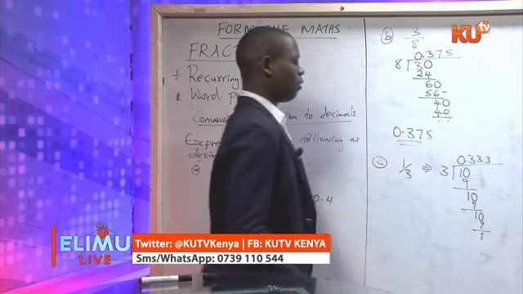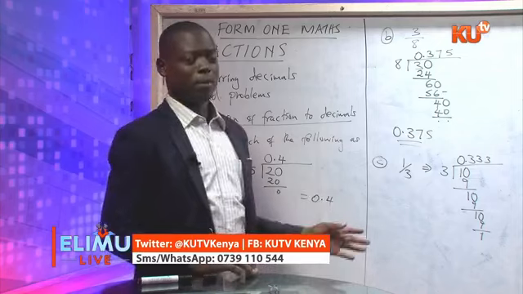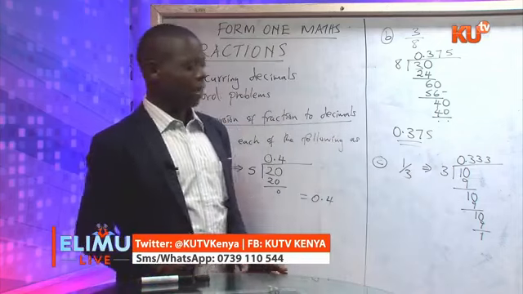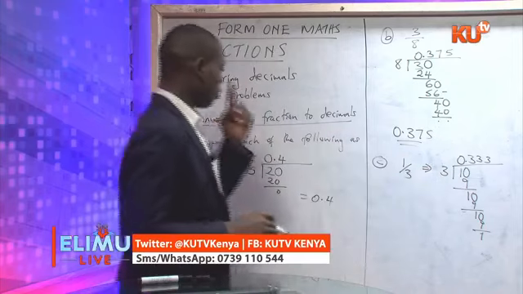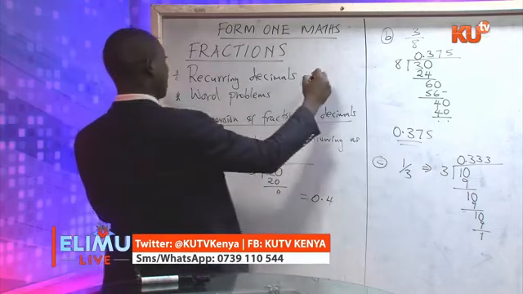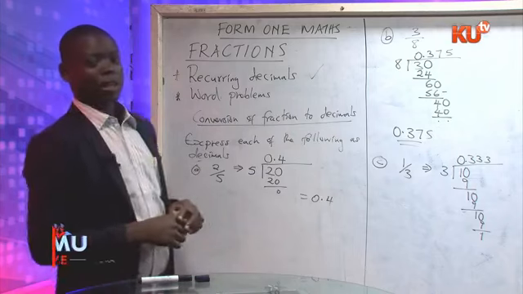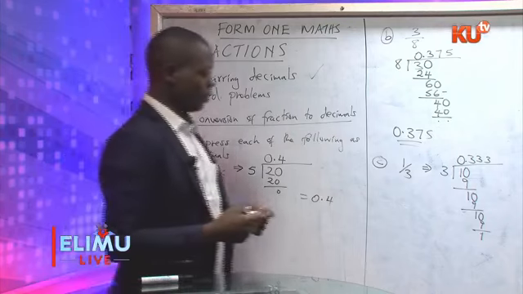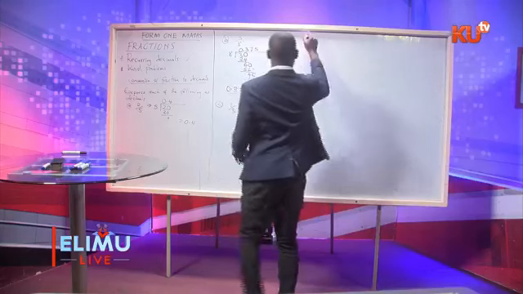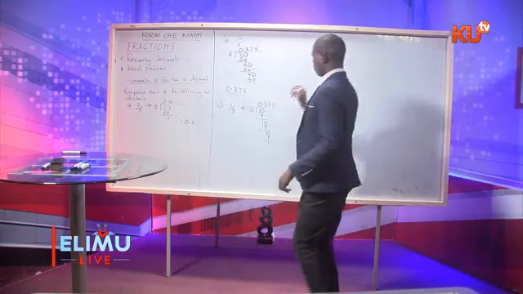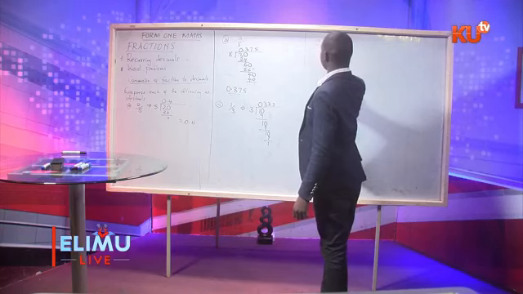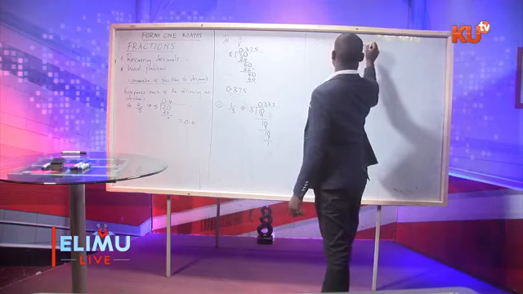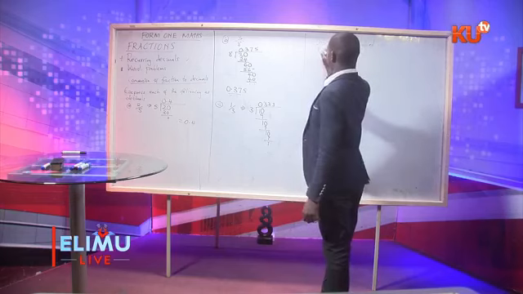So it will be a repetitive decimal, where 3 will keep on appearing. Now, this kind of situation is what we refer to as recurring decimals: decimals that do not terminate when you carry out division. So for this case of 0.3, this one is what we call a recurring decimal.